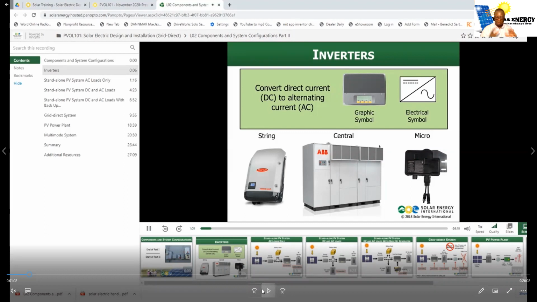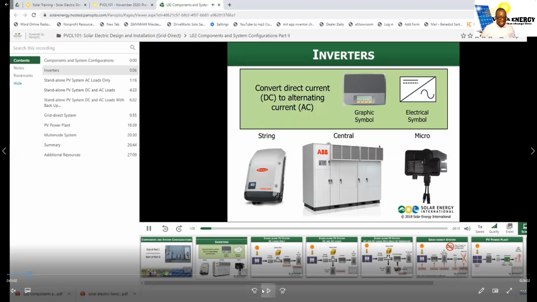It converts the DC current into alternating current, because most of the appliances used in homes around the world are AC appliances. So you will need an inverter to convert that for you.